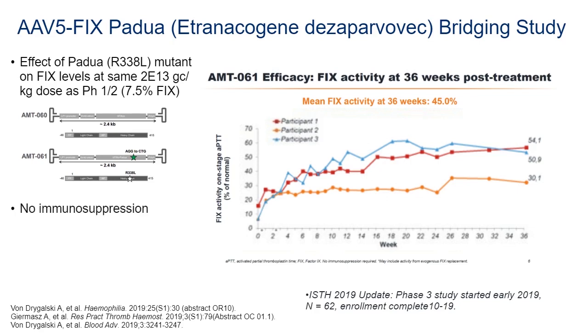Interesting, in this trial, they did not require immunosuppression, and patients had low titer seropositivity for AAV5, which raises a question of whether patients can be infused with some vectors if there is evidence of antibody response. And this study is in phase 3 at this dose.